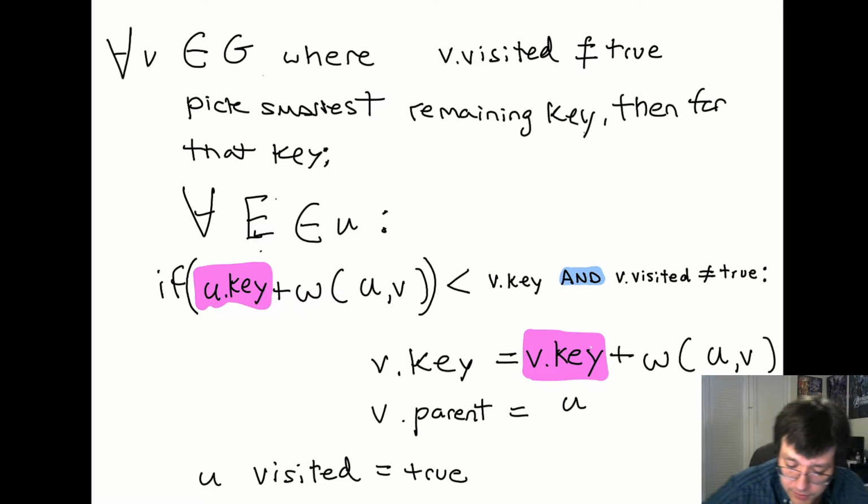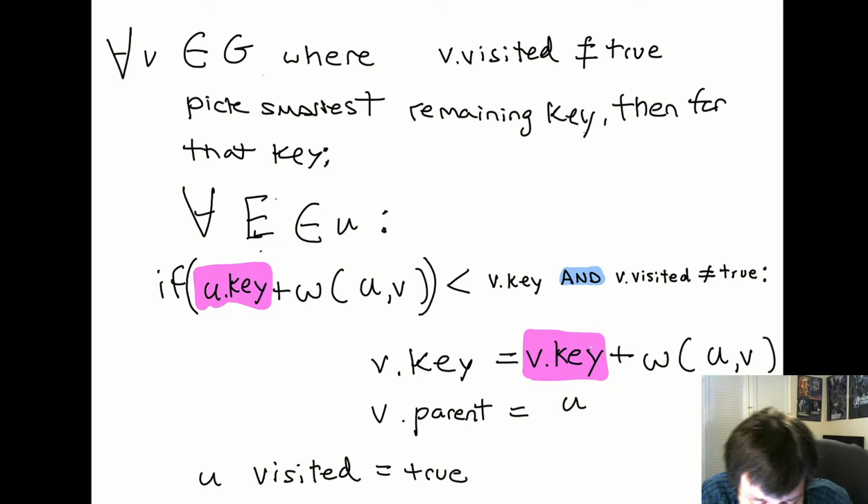Okay, I'm not sure what it means, but it must be edges because that's kind of what you have to do to this. Yeah. So let's just, I don't know why I use uppercase E for this, but it has to be edges. Okay. So for all edges that are basically coming out of U. Okay. So for all the outgoing edges that are coming out of U, so we have a vertex UV.